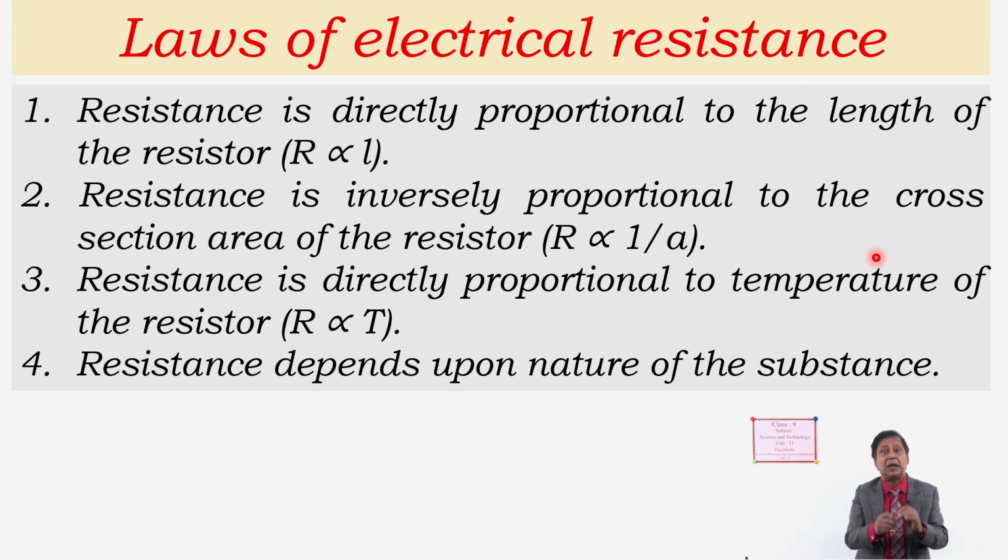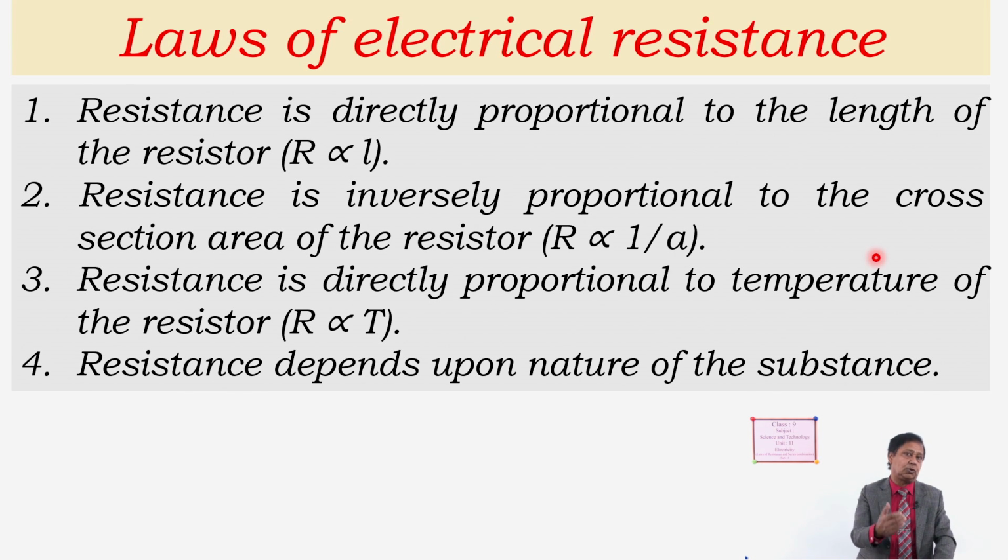Actually this depends upon the structure of the atom. How many electrons are there and how are they arranged, and how many free electrons are present in nichrome in comparison with copper. I told you about free electrons in the previous class. If free electrons are more, then the resistance will be less. Okay, these are the four laws of electrical resistance.